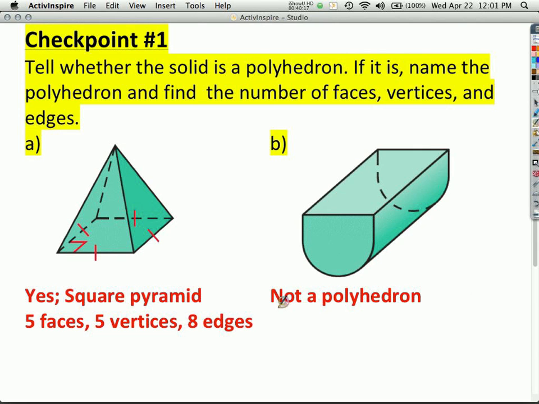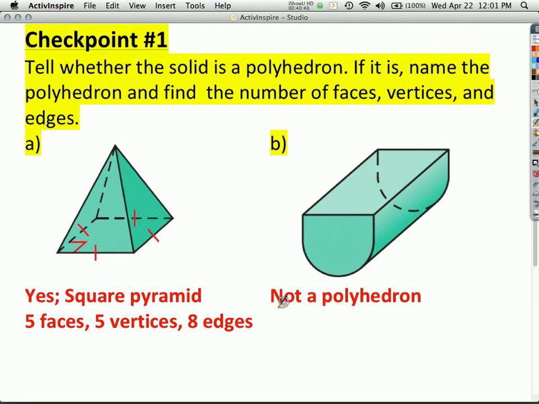Yes. I don't know if anyone said this yet, but a conjecture for pyramids, the faces and the vertices for a pyramid would be the number of sides of the base polygon plus 1. And for the edges, it would be the number of sides of the base polygon times 2. Okay.